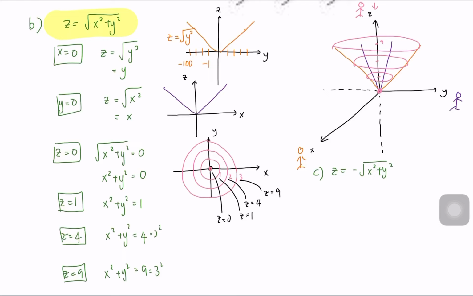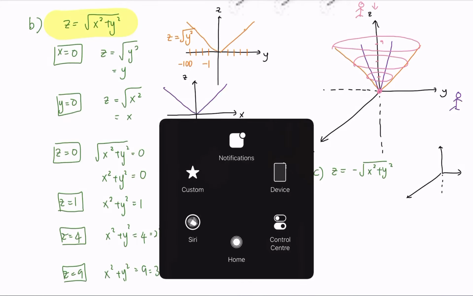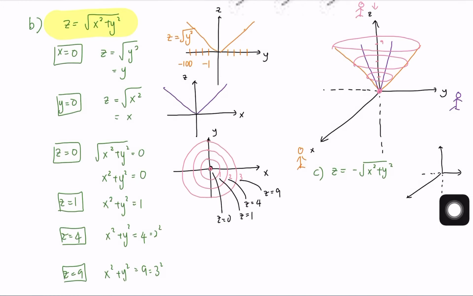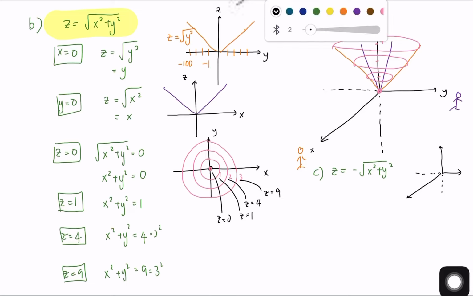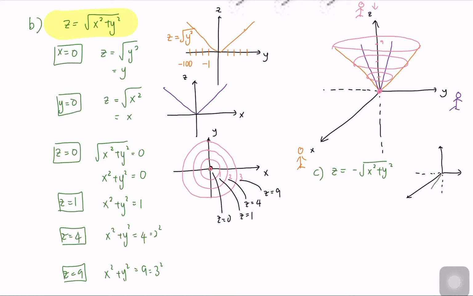So basically you can already imagine your 3D graph. Your 3D graph will be downward like this. Your cone will be like that, the other way around.